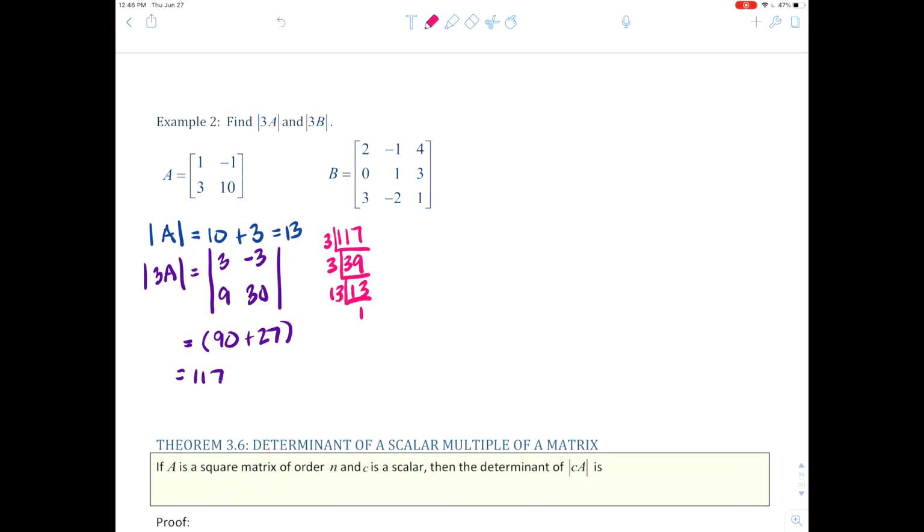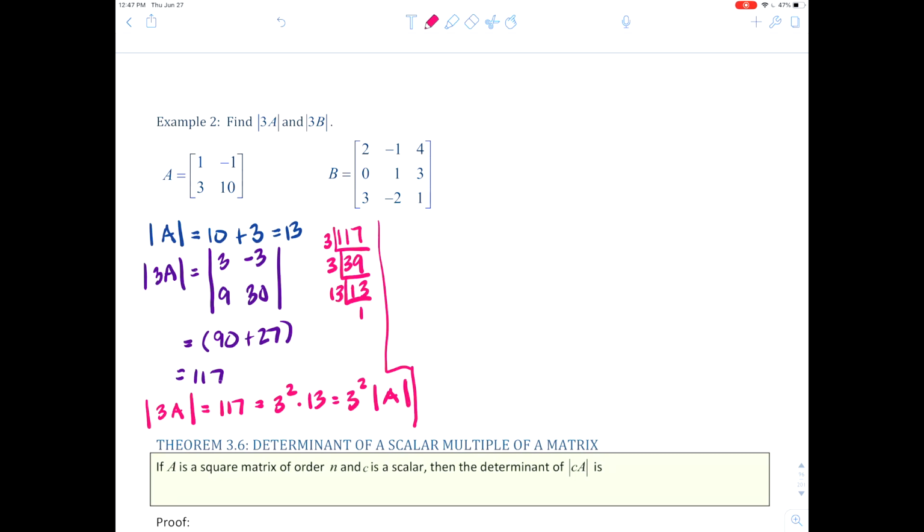So it looks like the determinant of 3 times A is equal to 117, which is equal to 3 squared times 13, which is 3 squared times the determinant of A. Cool so far?